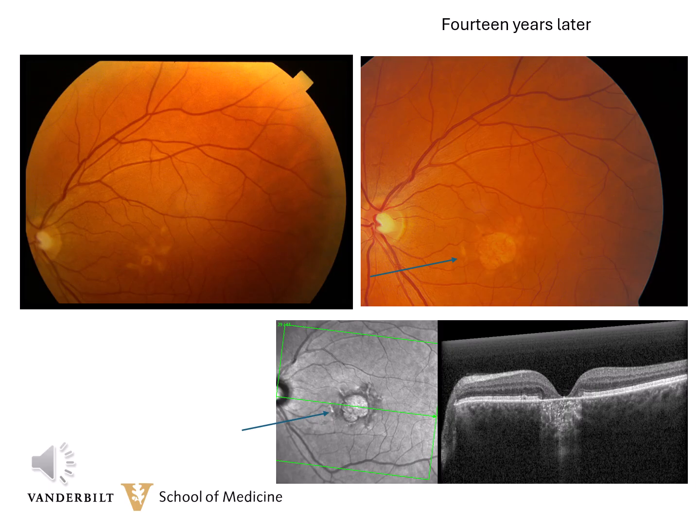You can see there are just a few remaining yellowish flecks outside a central area of geographic atrophy that she did not have at the first visit. The OCT again shows some very faint radiating defects peripheral to the geographic atrophy and an unfortunately very well-developed loss of the photoreceptors and RPE centrally.